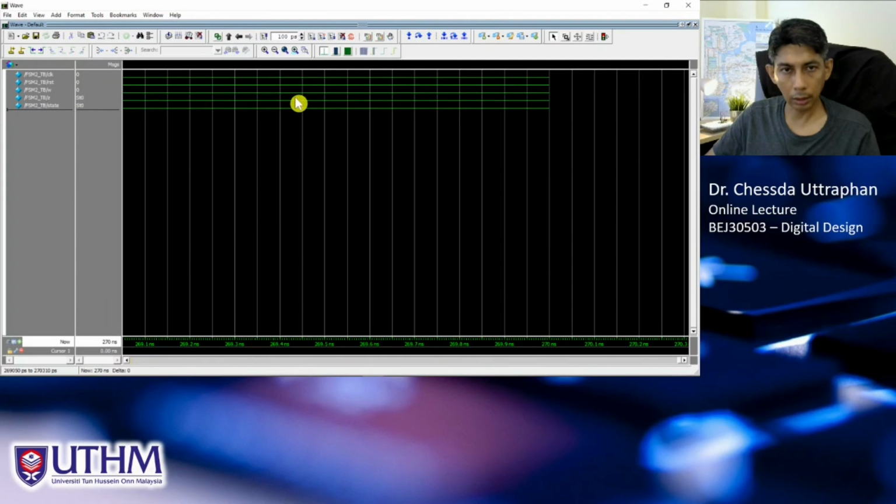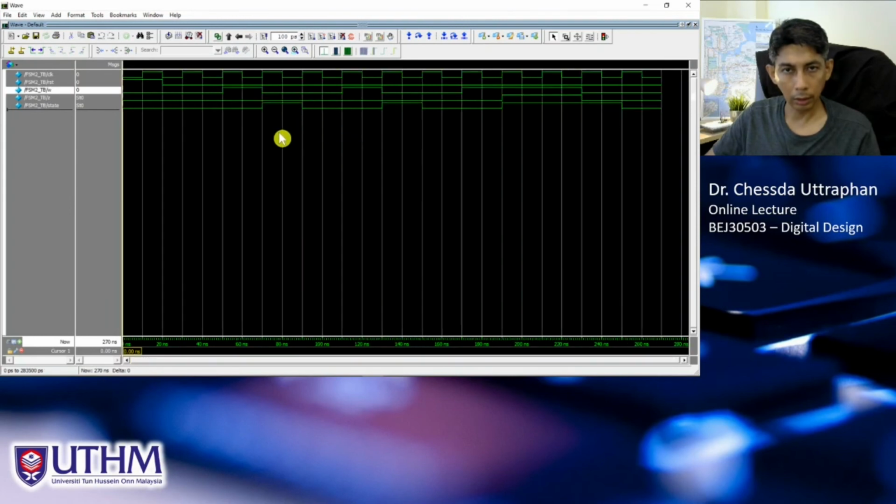Okay, so this is the output. Hope you can see this. And we can see that this is W, right? And this is state, yeah? This is state and this is Z.